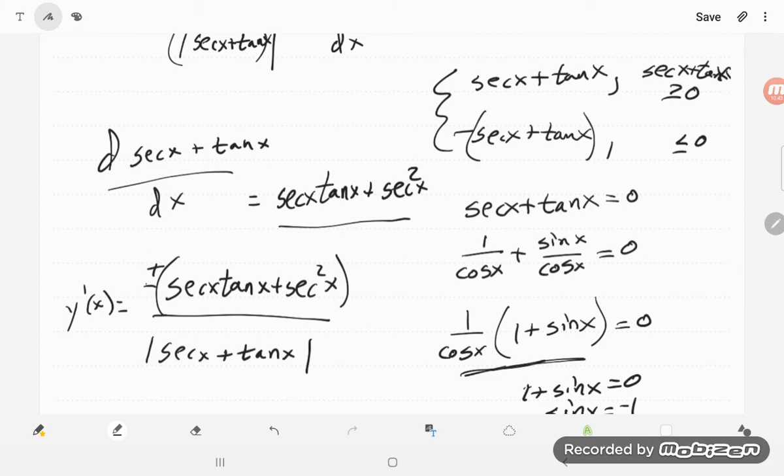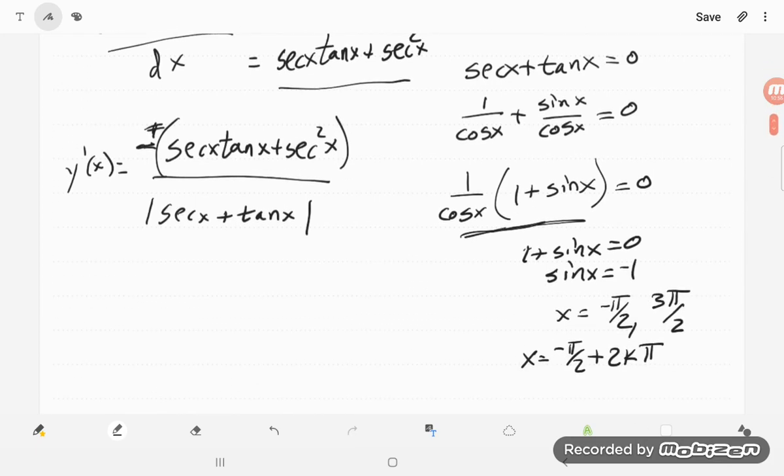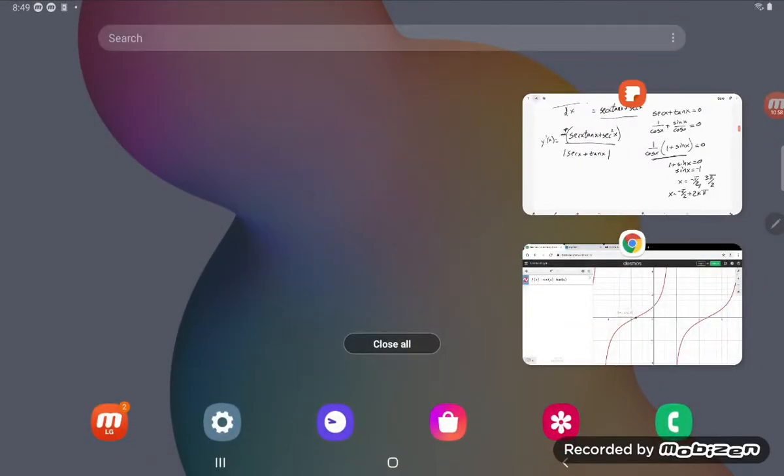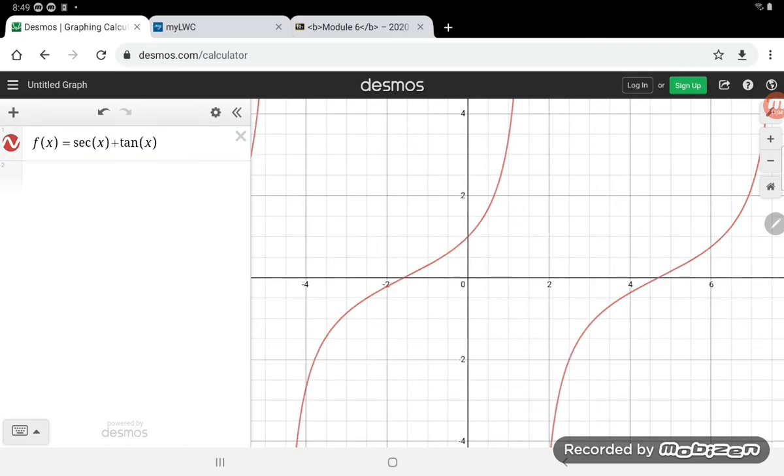That plus or minus depends on what interval we're in. And so we could pin those down. Again, I've got to go back and look at it, I guess. So it's going to be positive between minus pi over 2 and pi over 2. And it's going to be positive again at 3 pi over 2 and 5 pi over 2 and so forth.